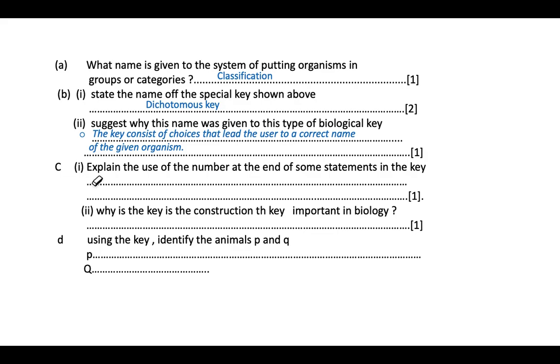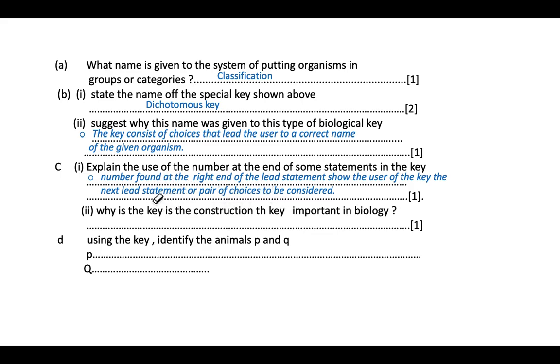And then we have C1. Explain the use of the number at the end of some statements in the key. The number found at the right end of the read statement shows the user of the key the next read statement or pair of choices to be considered. So that is one of the uses of those numbers at the end.